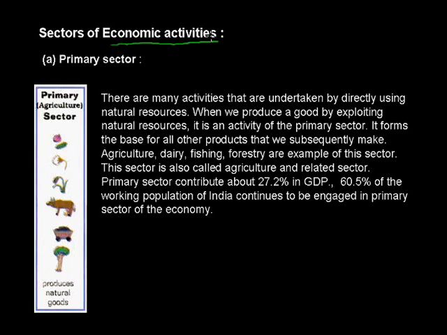So every activity which is done for remuneration is termed as an economic activity, and those activities which are done for self-satisfaction are termed as non-economic activities. Some activities, according to the time period, can come in the economic as well as in the non-economic category. We can have some examples, like right now if I am teaching you and you are paying for it, then it is an economic activity.